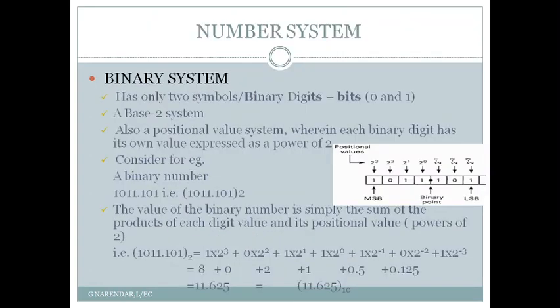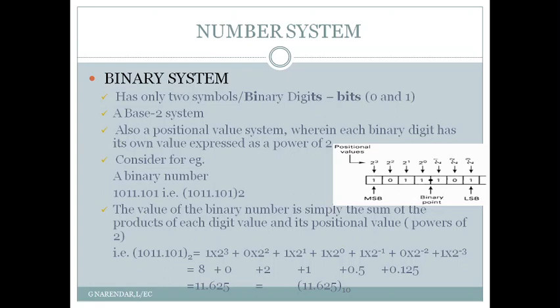The number system which is mostly used by digital systems is the one called the binary system. What is the binary system? Binary actually gives the meaning of 2. So as the name implies, the binary system has only 2 symbols or 2 digits. These binary digits, in short, are called bits. And what are the 2 digits that the binary system uses?